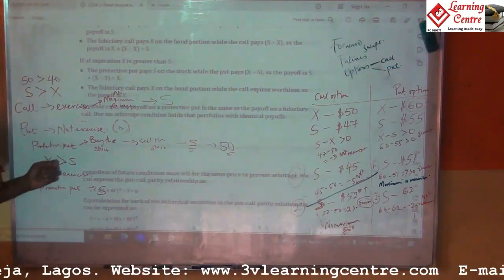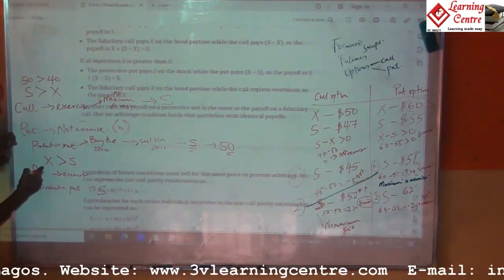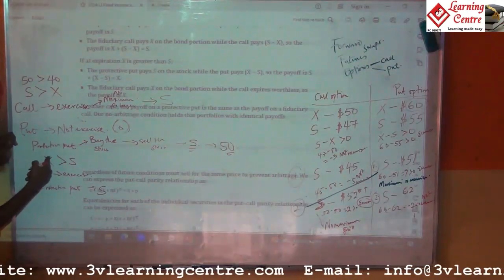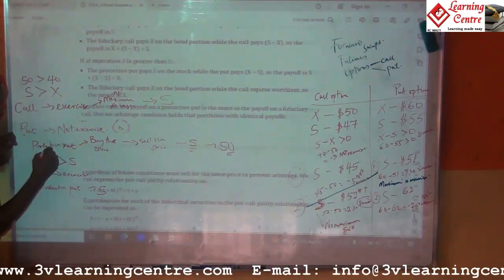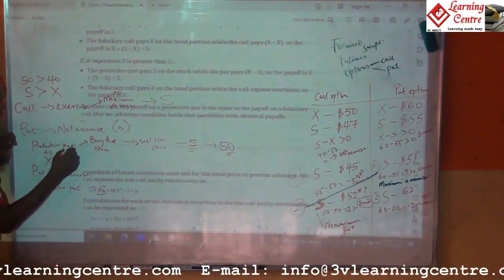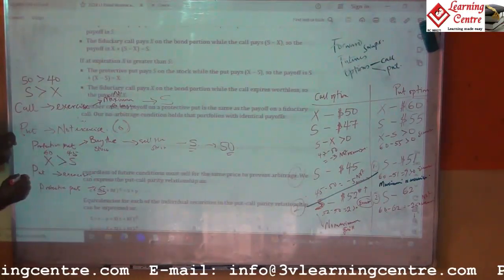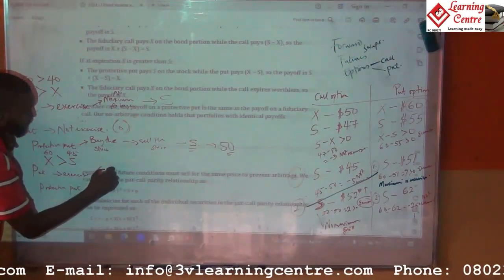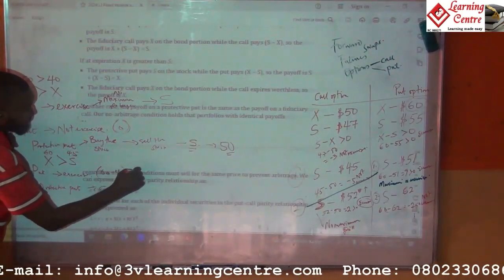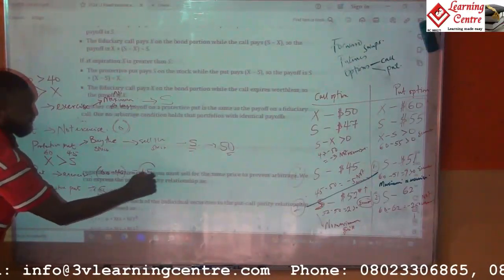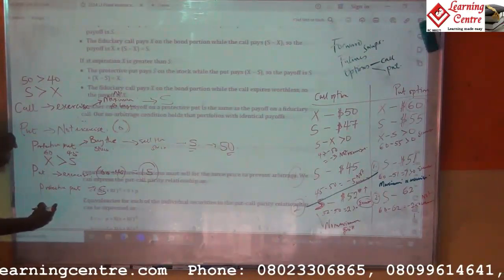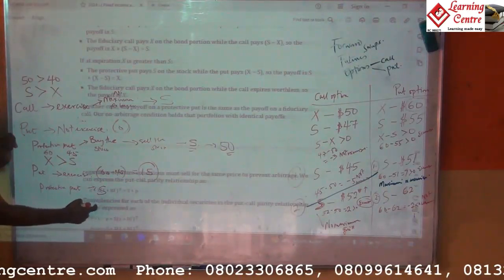Now we flip it the other way. This is X minus S. So X is greater. We have 60 here minus 45. So I will exercise. 60 minus 45 is what? I have 15 benefit here. Then remember I bought the put. What does that mean? I already bought a stock.